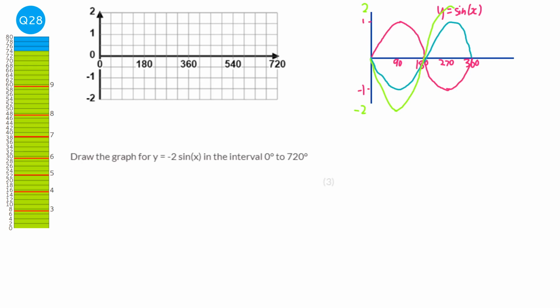So it will go down at 90, which is, so there, to minus 2, back up to 0 at 180, and then back up to 2 at 270, down to 360, and then it will just go again, 540, up there, and then back down.